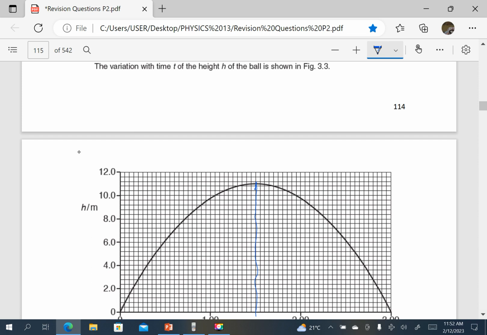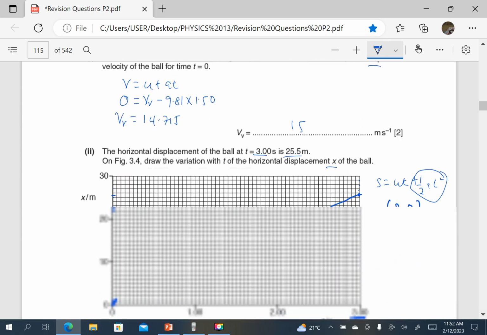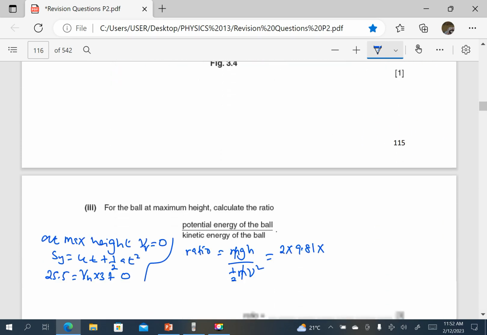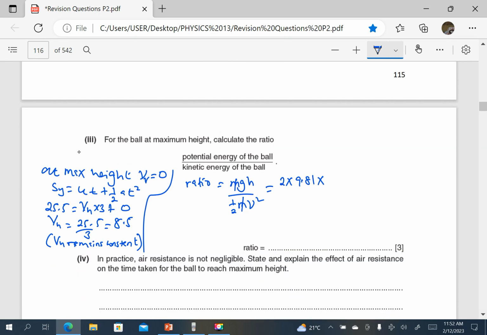So this is in the center of this box. So this is 10.2. I think that is 11. It is in the middle, so that is 11. So this will be times 11 divided by, the 2 has gone up, so I just divide by v squared, which v is 8.5 squared.